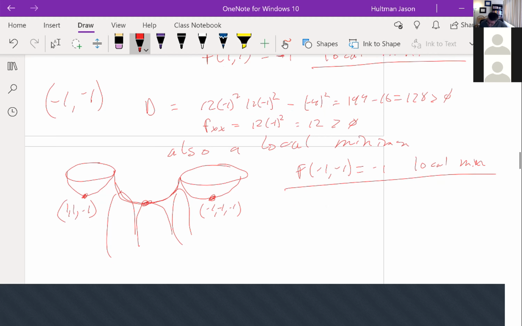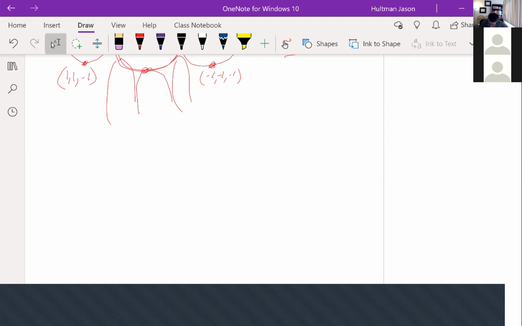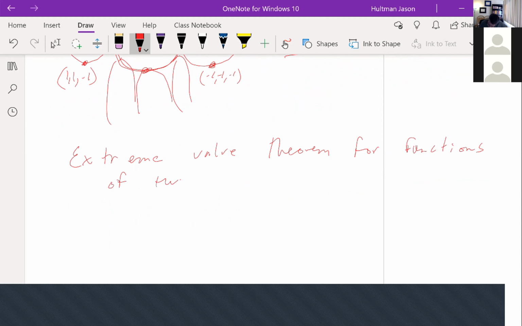Okay, extreme values. So let's talk about the extreme value theorem for two variables. Extreme value theorem for functions of two variables.